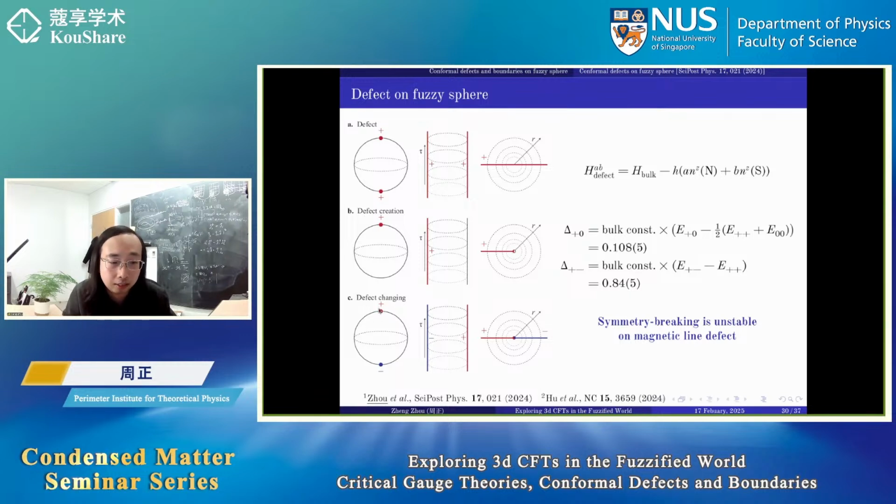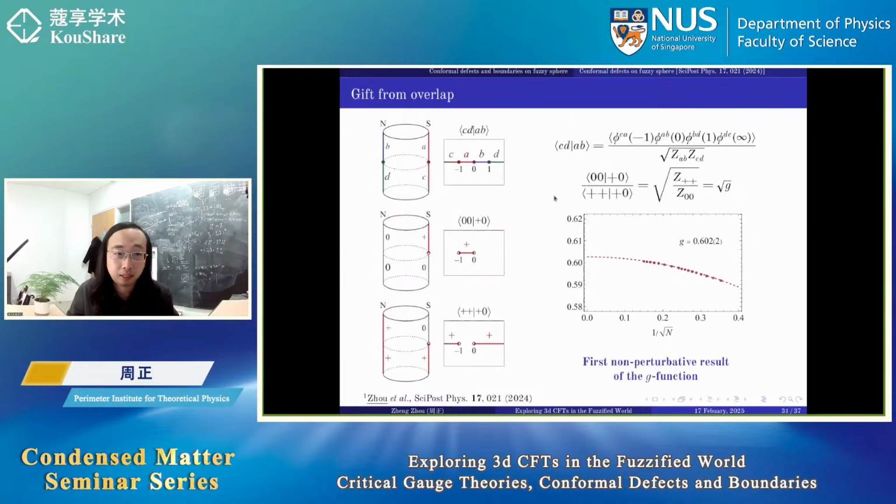And if we polarize the north pole and south pole towards different directions, this corresponds to the defect changing operator. We can calculate their scaling dimensions by the similar technique of state-operator correspondence. And we find that the defect changing operator is relevant, which means the symmetry breaking is unstable on the Ising magnetic line defect.